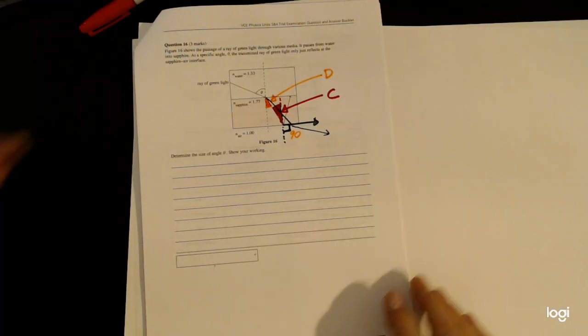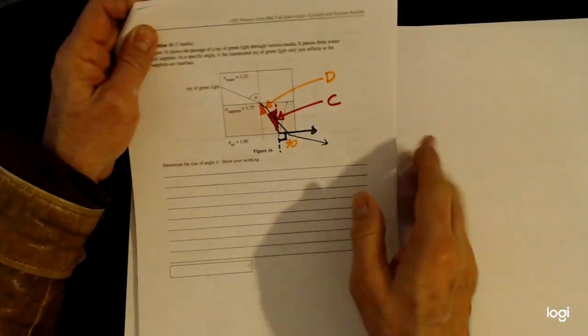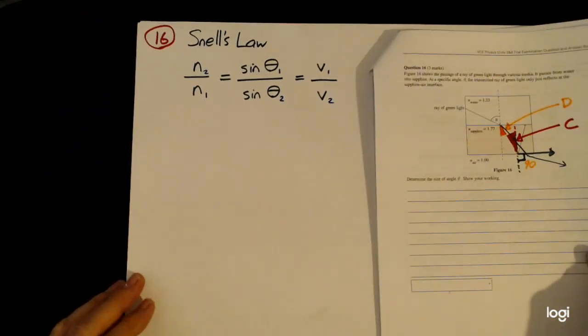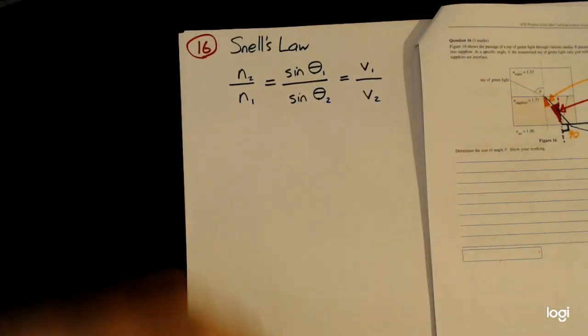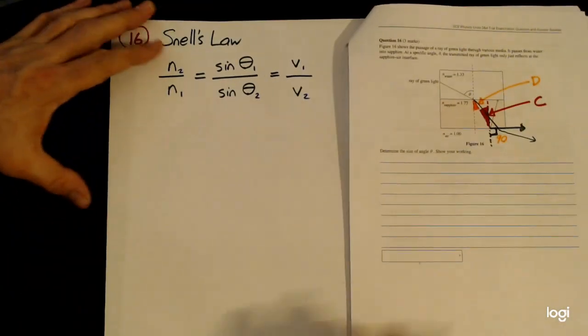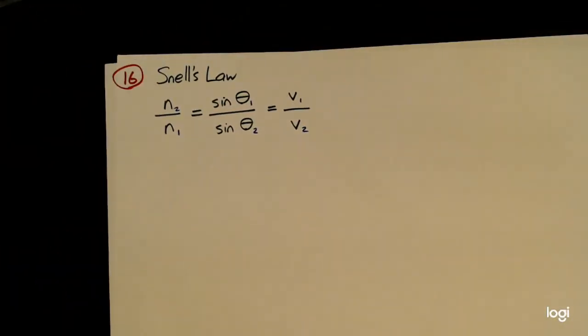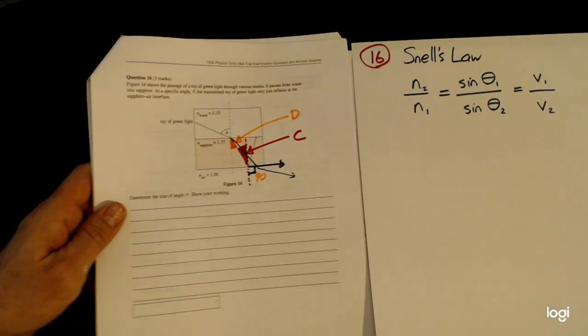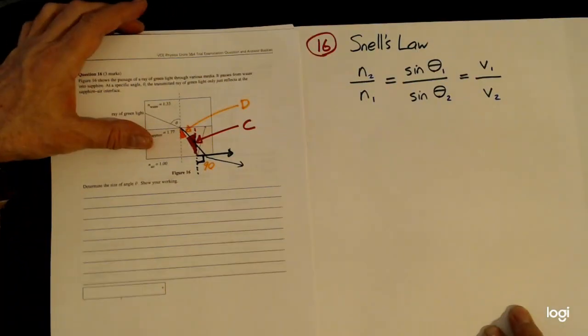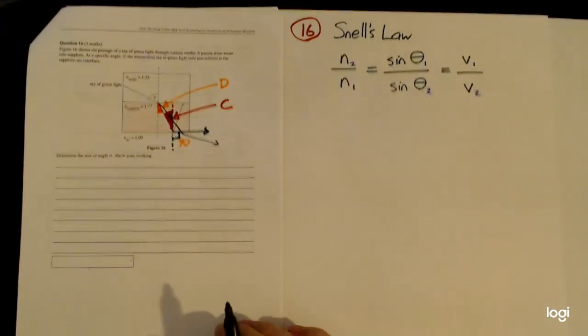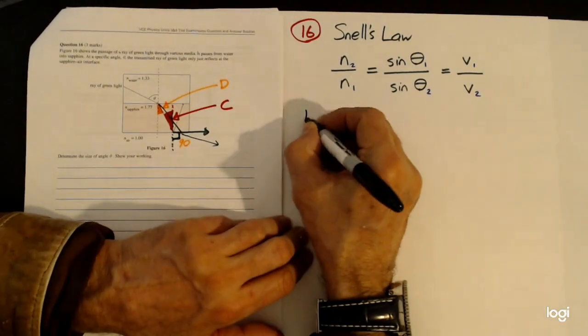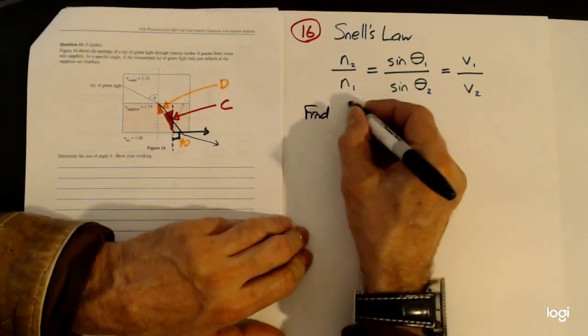Okay, so finding angle C first. In a multi-step question, tell the person marking it what you're doing, right? Setting out helps a lot. I'm going to get this around the other way because I'm right-handed. That's a little better. Okay, so firstly, find angle C.